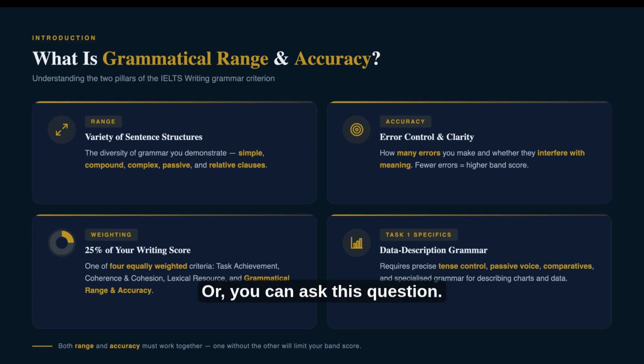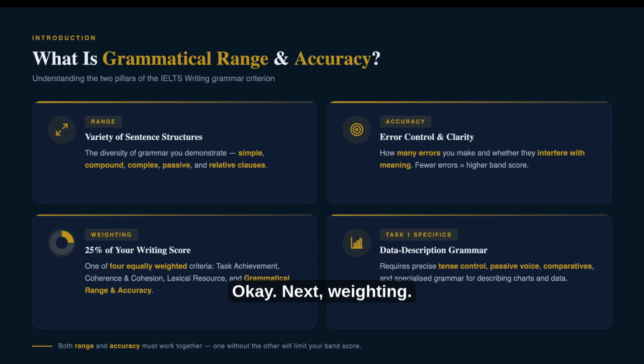Or you can ask this question: how many errors or mistakes do you make and do they interfere with meaning? Probably, fewer errors, a higher band score. But it's the opposite. If you make more mistakes or more errors, then you tend to have a lower band score.